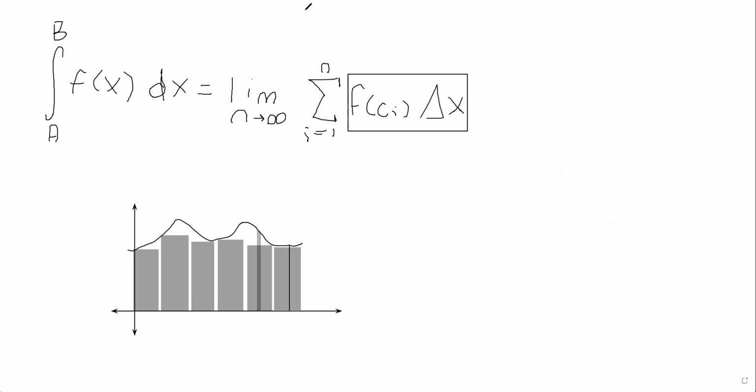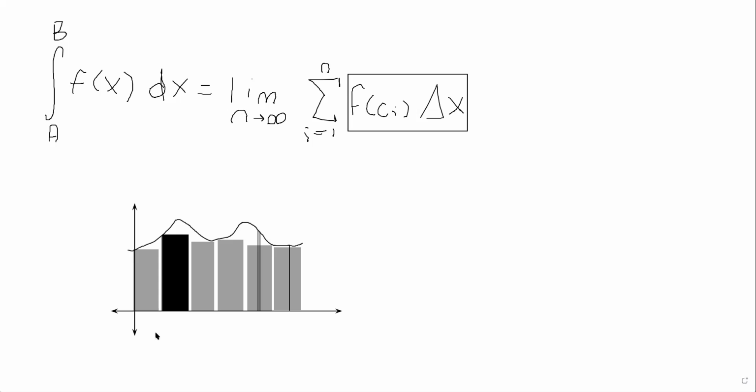So I'm going to pick a generic rectangle. I think I'm just going to pick this one right here. How do we find the area of this black rectangle? How do we find the area of any rectangle?